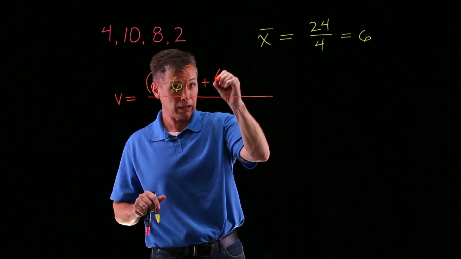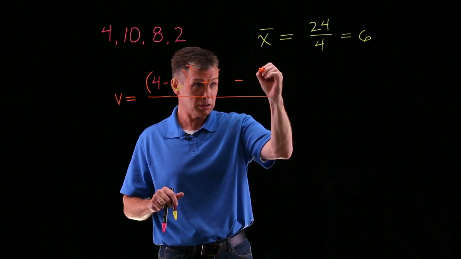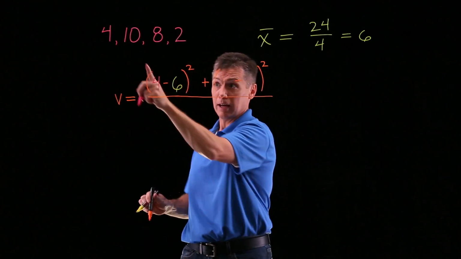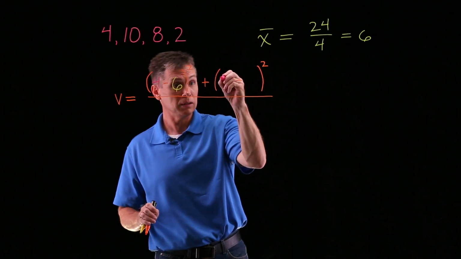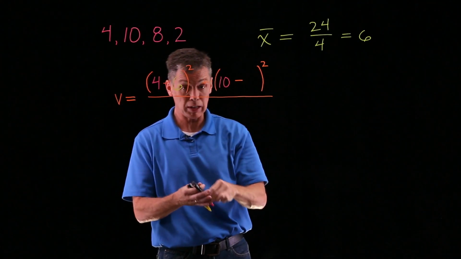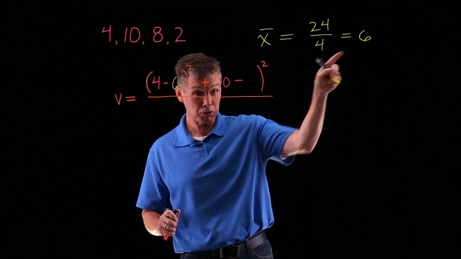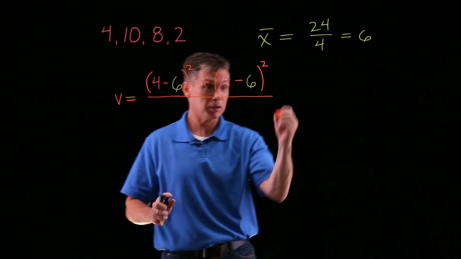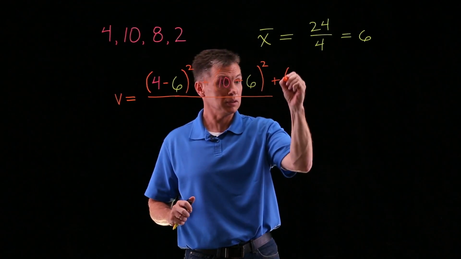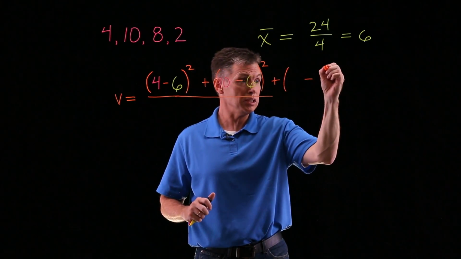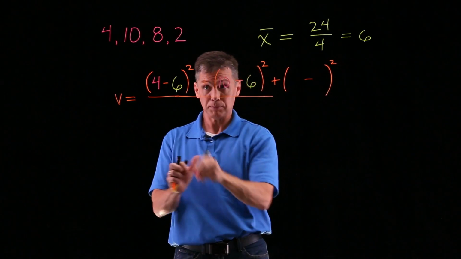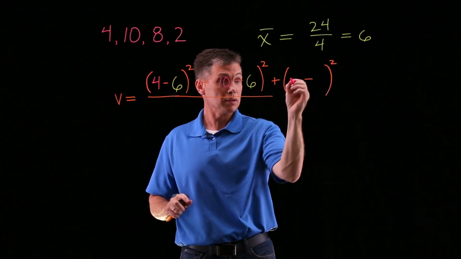So I'm going to add the subtraction squared of the next data point, which was 10. You use the same value for the mean, of course, that's 6, and then squared, okay, plus, and I've got to do this for each of the data points. My next data point is the 8.